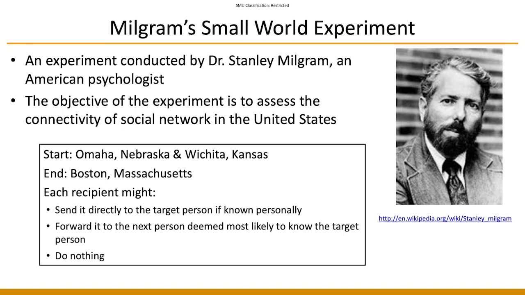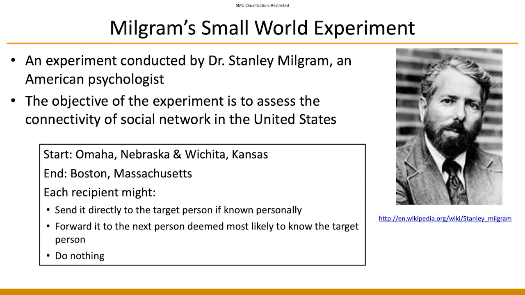So the instruction is actually very simple. If the recipient of this particular envelope actually knows the intended recipient, the target person over here, in the experiment, this is the target person, then the individual will send this envelope directly to the final destination.